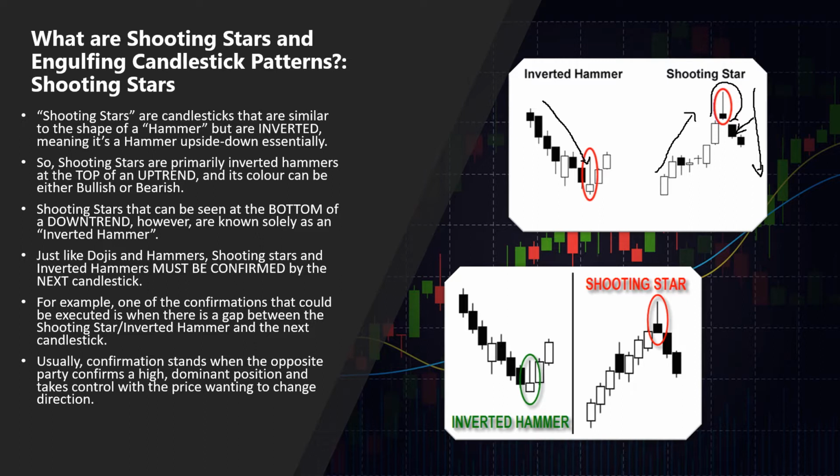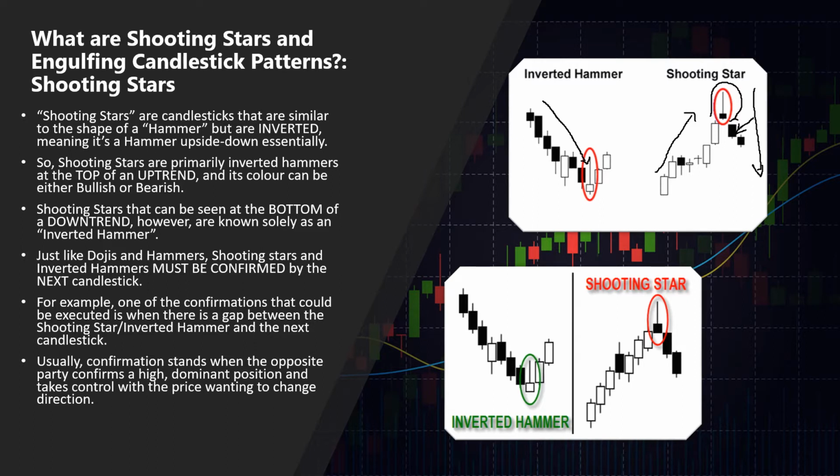A gap between the shooting star or inverted hammer and the next candlestick is one of the confirmations. A big bearish candlestick after the shooting star is another confirmation. Generally, confirmation is something that confirms that the opposite party has taken control of the price and wants to change the direction.